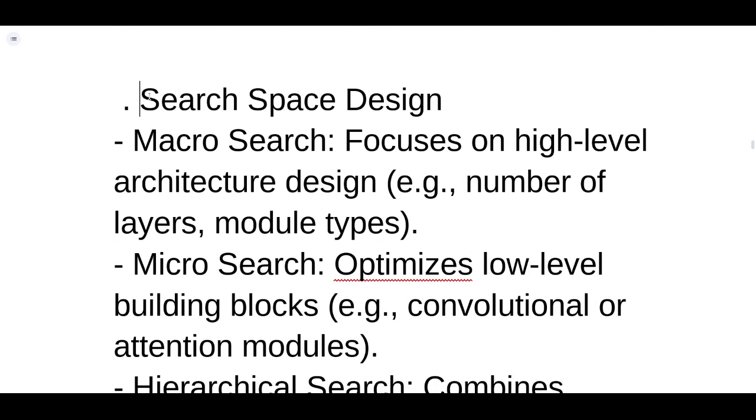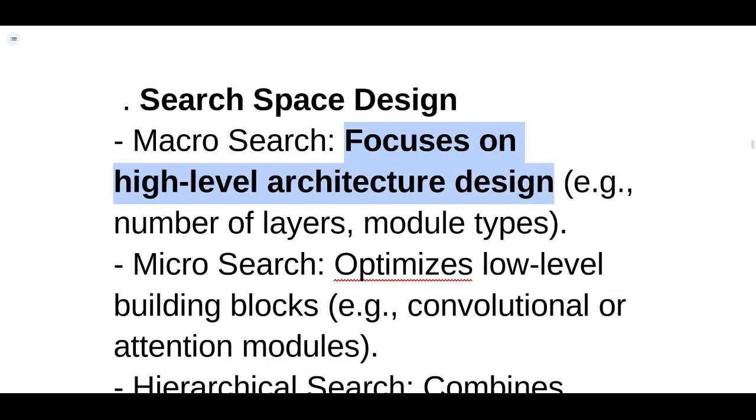Now, search space design. Macro search focuses on high level architecture design, number of layers, module types.